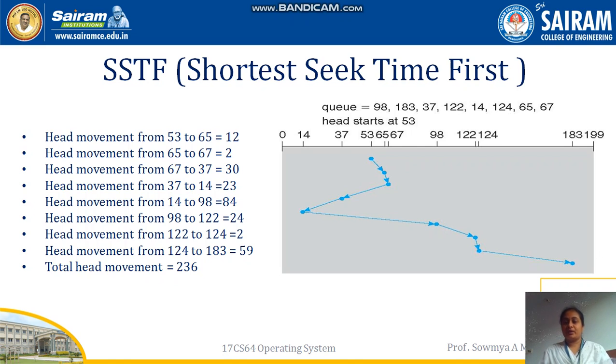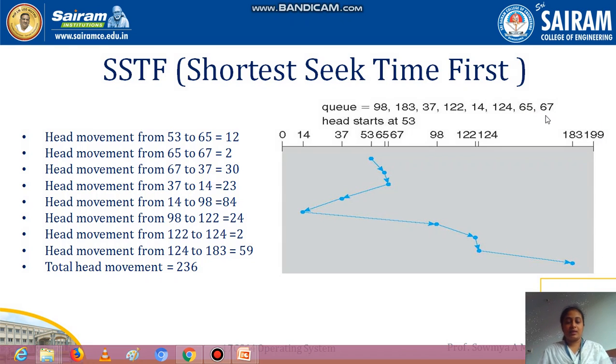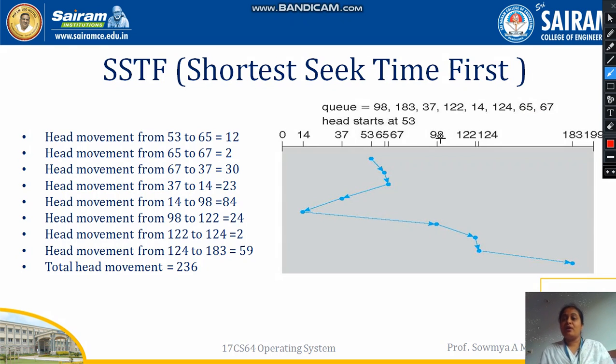So here in the shortest seek time first, your disk head is at 53, and you have a queue 98, 183, 37, 122, 14, 124, 65 and 67. So now in this queue 65 is the nearest value to 53.